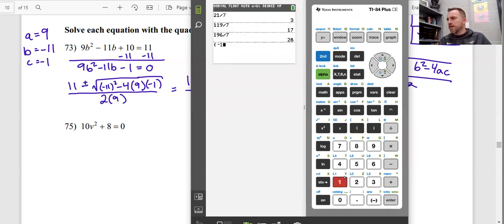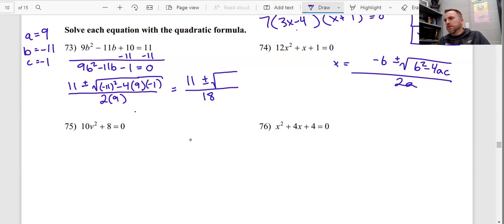We'll do -11 squared. Notice how I put that in parentheses. Minus 4 and 9 times -1. And that is 157, which seems kind of prime to me. I think it is.